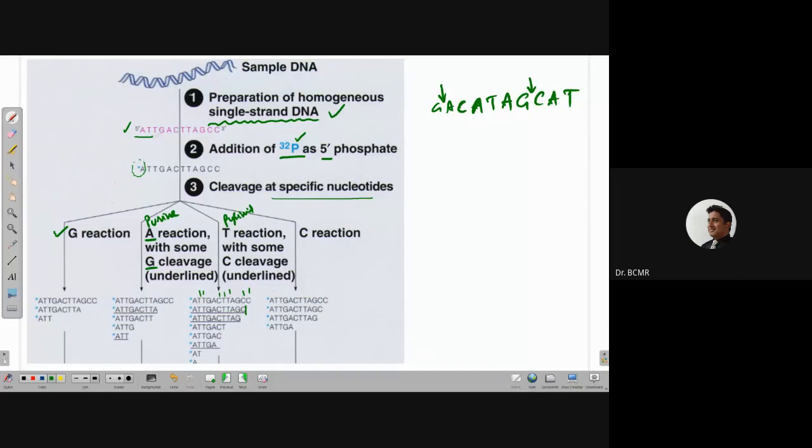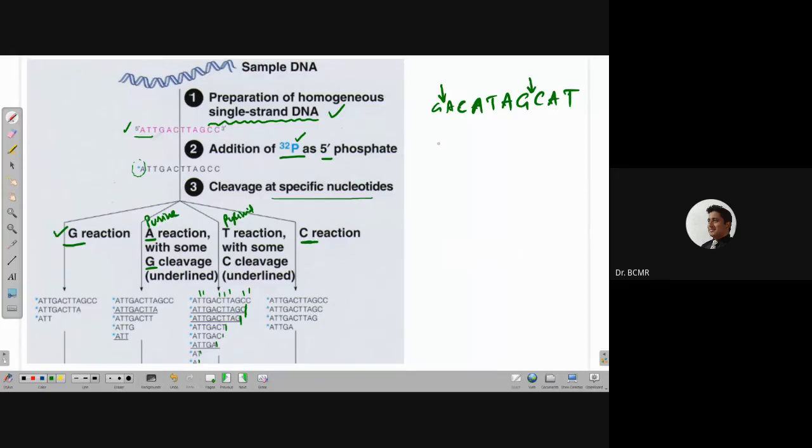So in some molecules, a cut might be made here, in some reactions a cut might be made here, and so on. You will have different lengths of DNA molecules. And the other reaction is C. If you want to remember it, you should remember it as G, purine, pyrimidine, C, and try to make a kind of rhyme or something so that you can remember that.